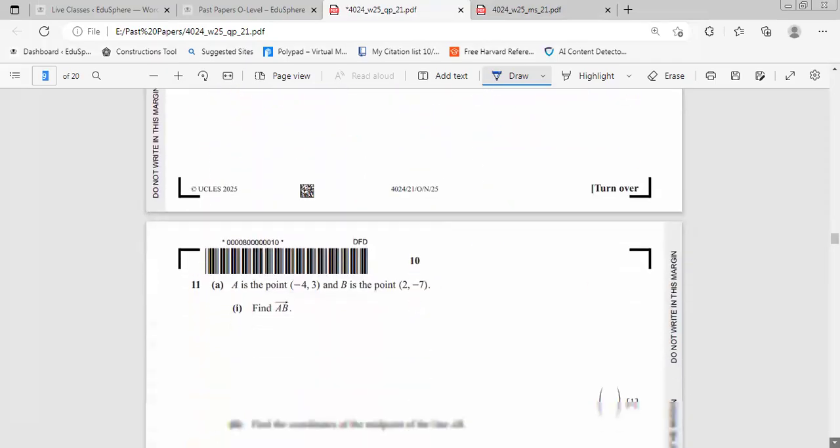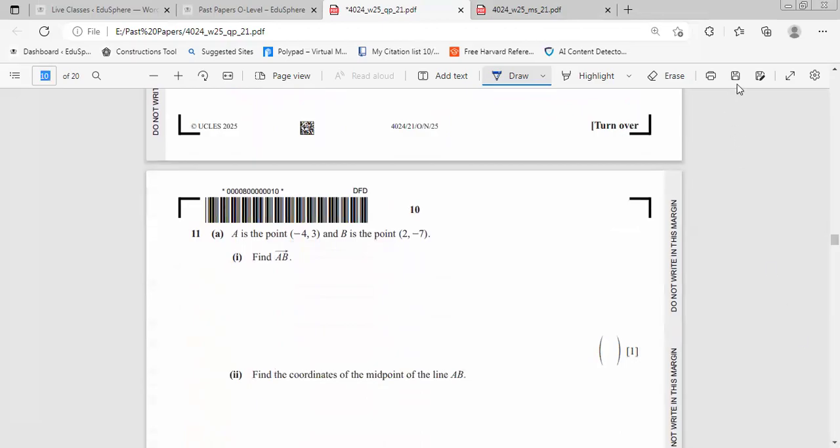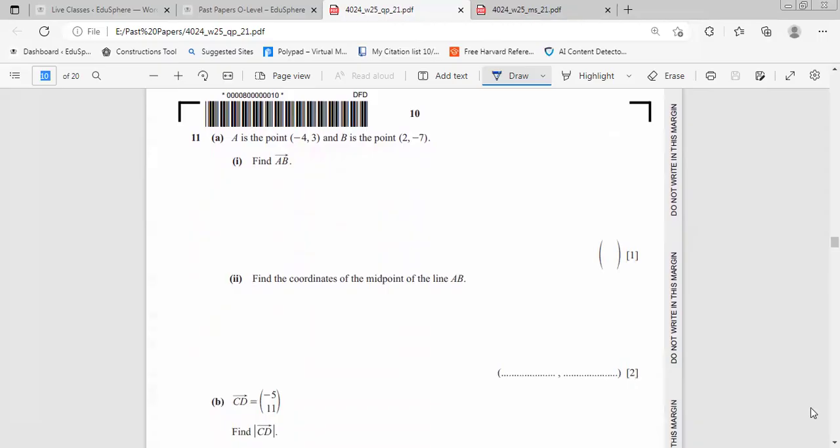Now moving on, here A is the point (minus 4, 3), and B is given as (2, minus 7). So first we have to calculate the vector AB.